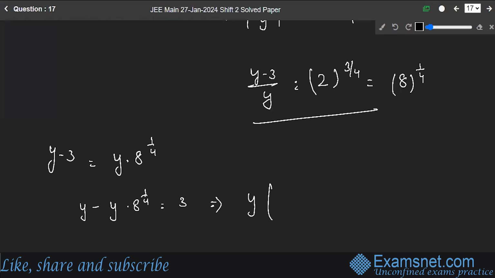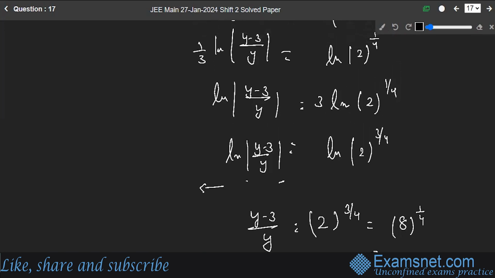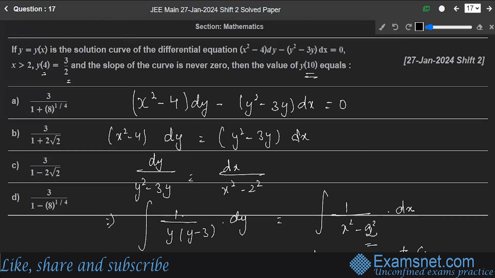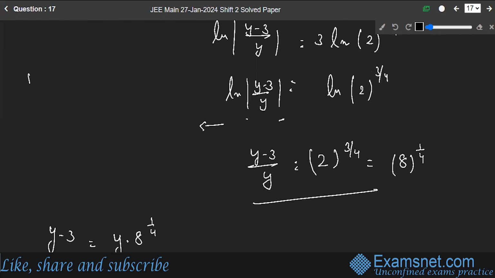See, one thing was left over here: I removed this mod sign. There has to be some additions. In the question, it is given that for x greater than 2, the slope is never 0. That means for all x greater than 2, dy by dx is decreasing, it's less than 0.